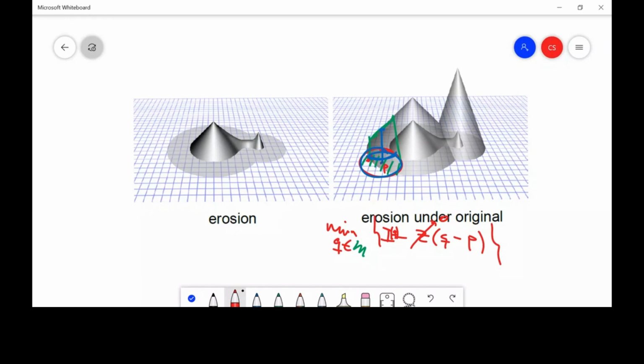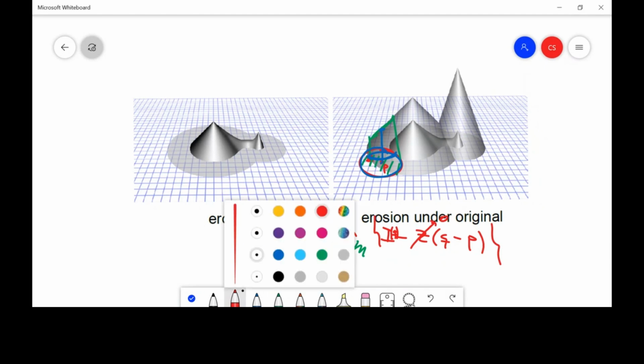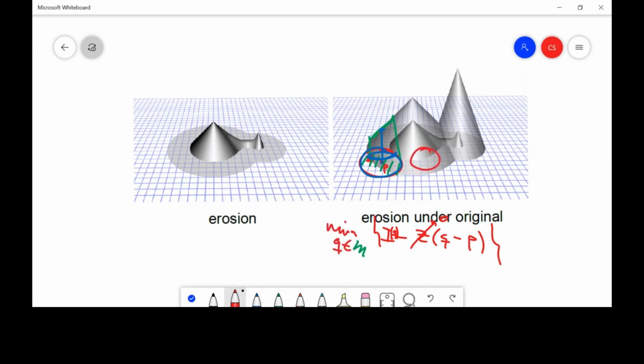So the output at this point is the point in the border, because it is the minimum in the area. And only when you get the structuring element inside, now you start to get points that are different from the border. So that is why you're decreasing everything.